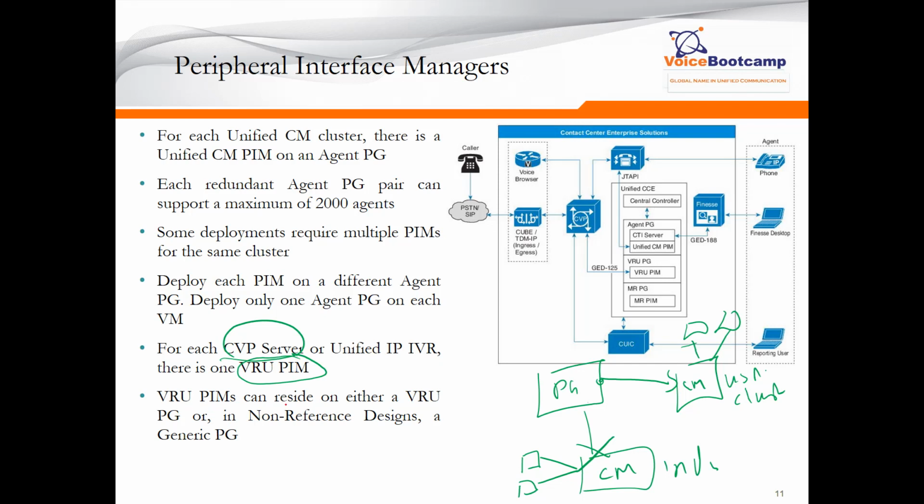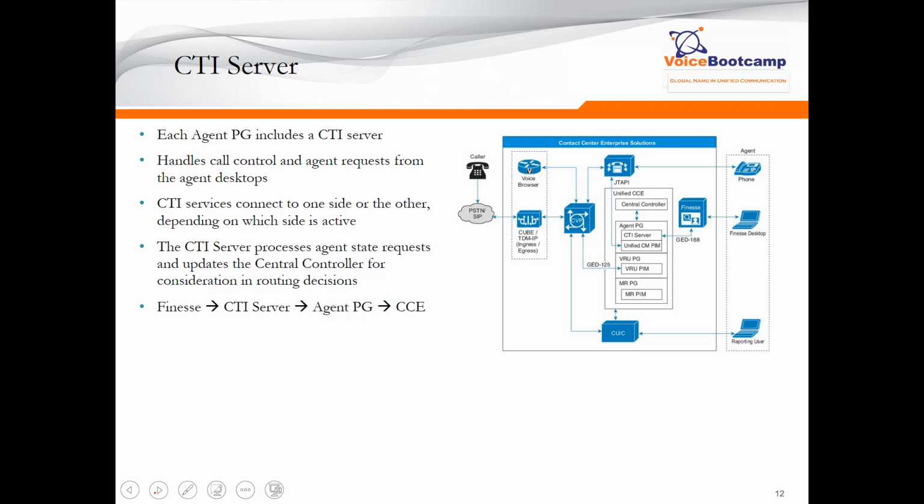Each VRU PIM can reside on either a VRU PG or a non-reference design such as a generic PG server. The CTI server, on the other hand, allows you to connect Cisco FINESSE to the agent PG and central controller.